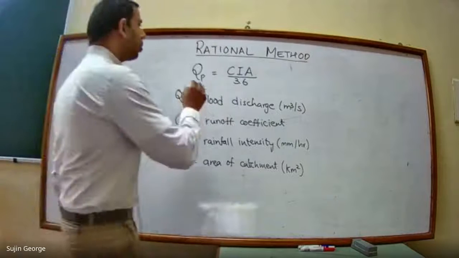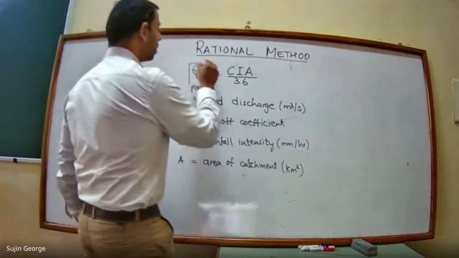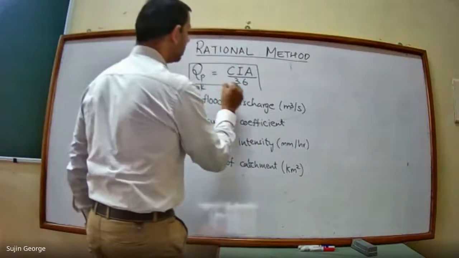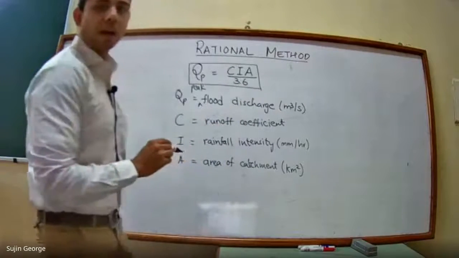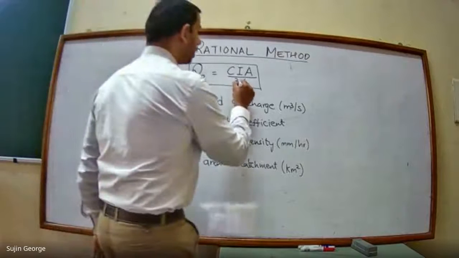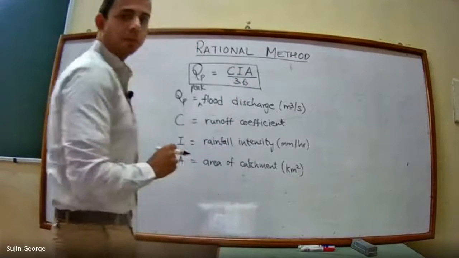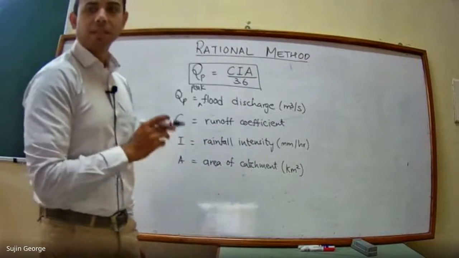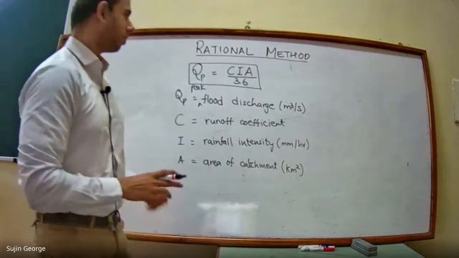So you have to remember this formula: QP is equal to CIA divided by 3.6. This thing you have to keep in mind.